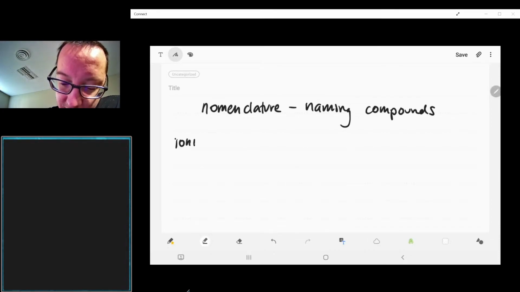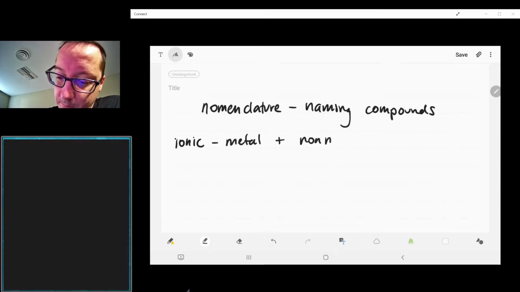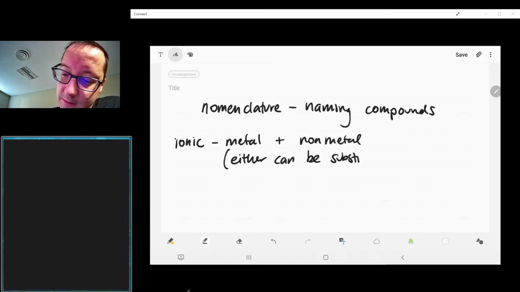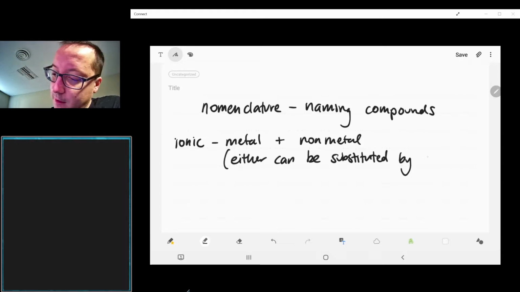So we're going to see that these come in two different flavors, as it were. We have ionic compounds, which are going to be made of a metal plus a non-metal. And then technically either can be substituted by a polyatomic ion.